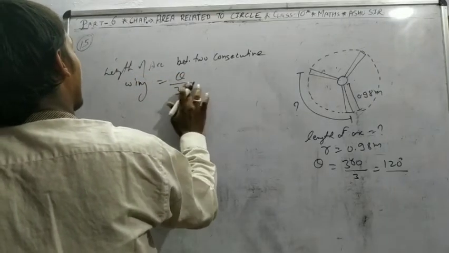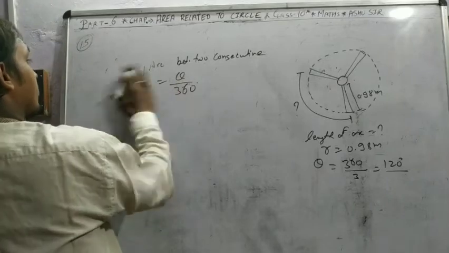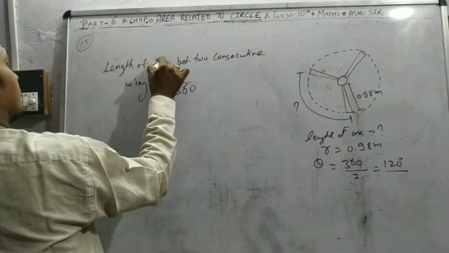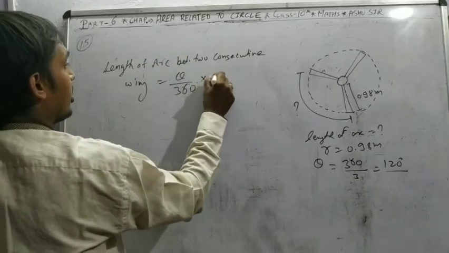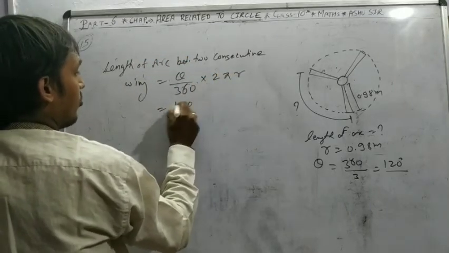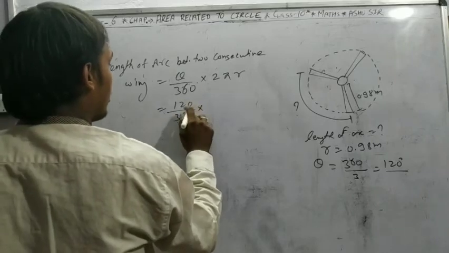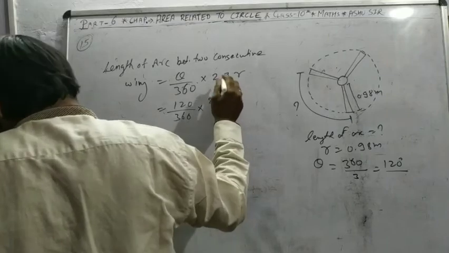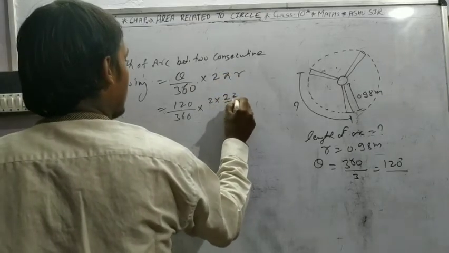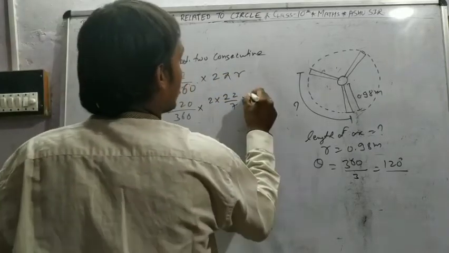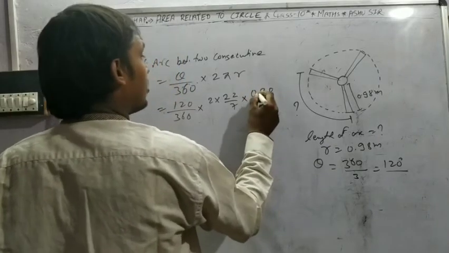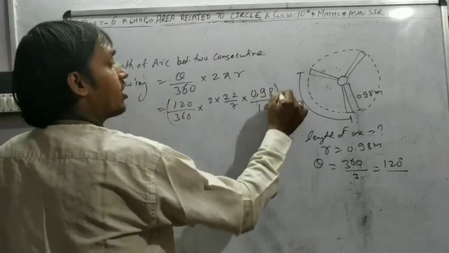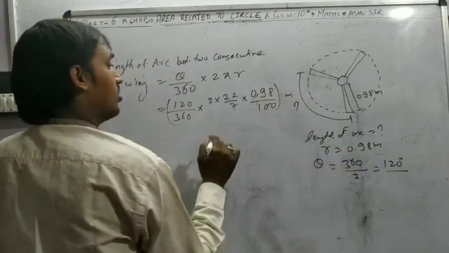is theta by 360 into 2 pi r. 120 by 360, 2 into pi. Is the value given? No. So you can use any value. Radius 0.98 per 100. Convert the whole into meter, because the radius is in meter.